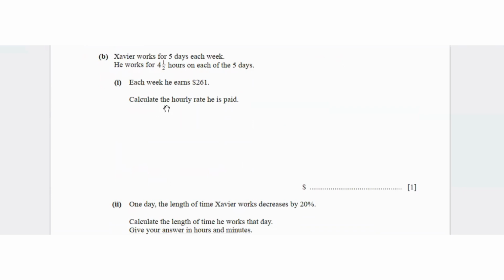Calculate the hourly rate he is paid. 5 days we do 5 times 4.5, which is going to give us 22.5 hours. So this is the total number of hours he's working in 5 days.